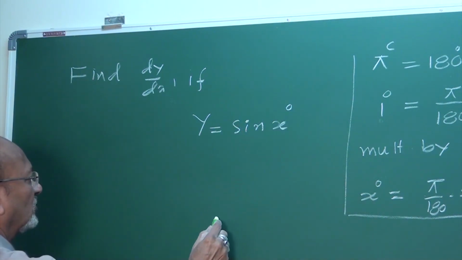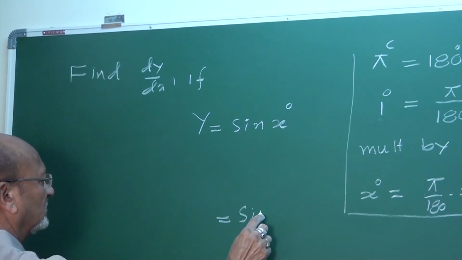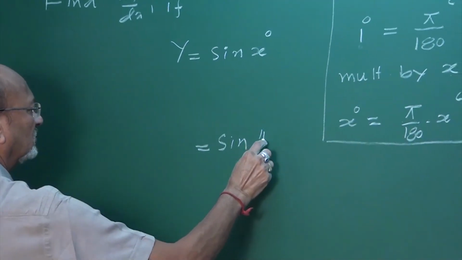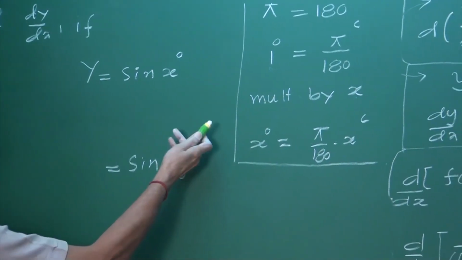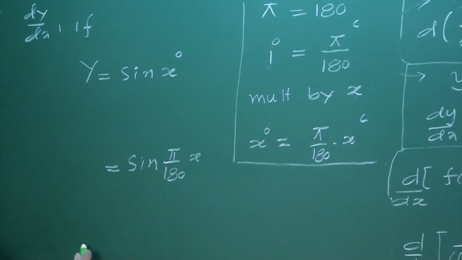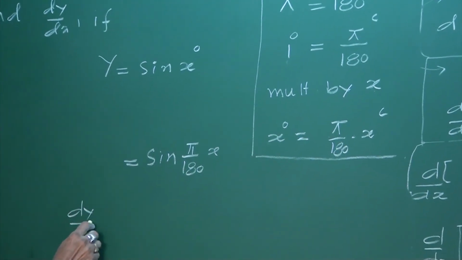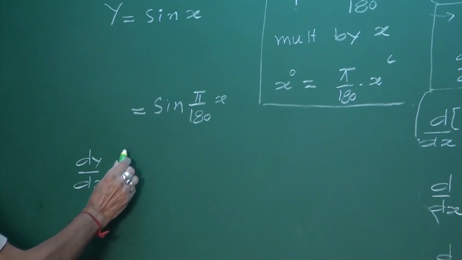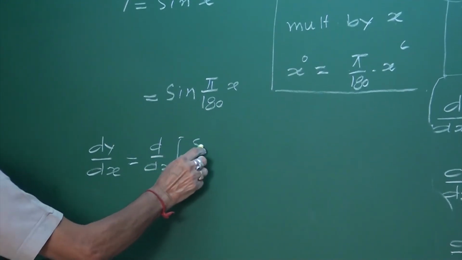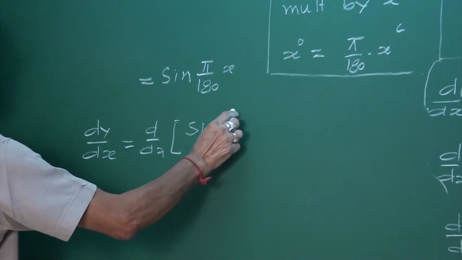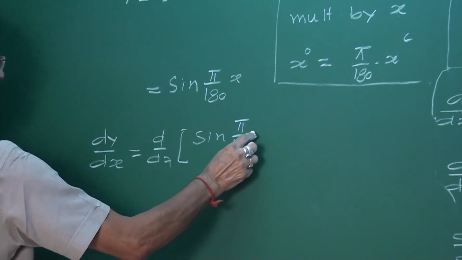You can directly put the value of sine x degree. What is x degree? Pi upon 180 into x. Understood? No need to write. Then dy by dx, d by dx of sine of pi upon 180 into x.